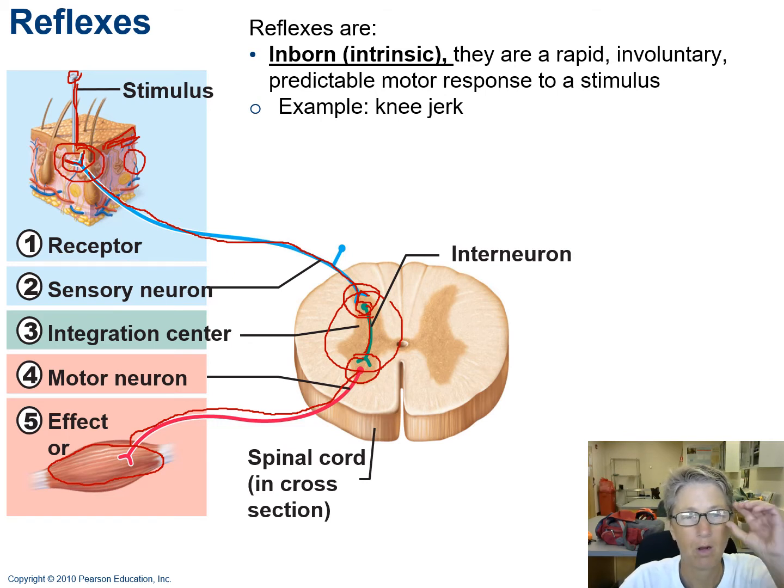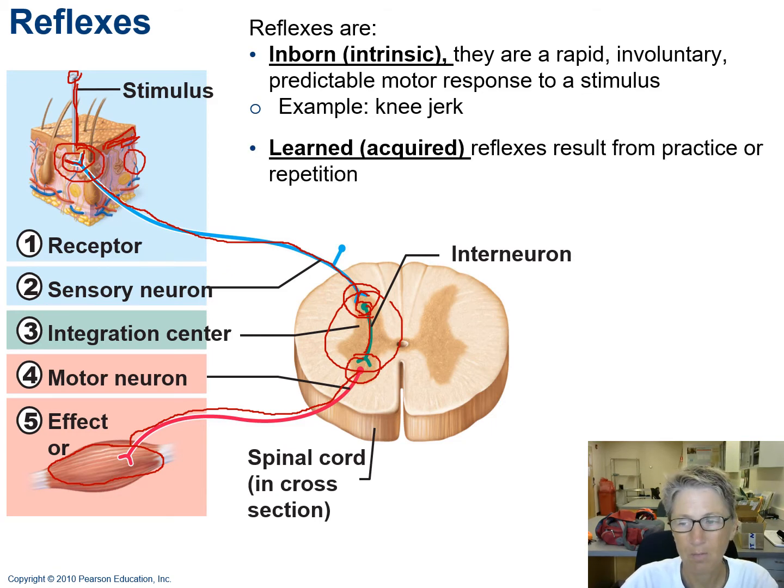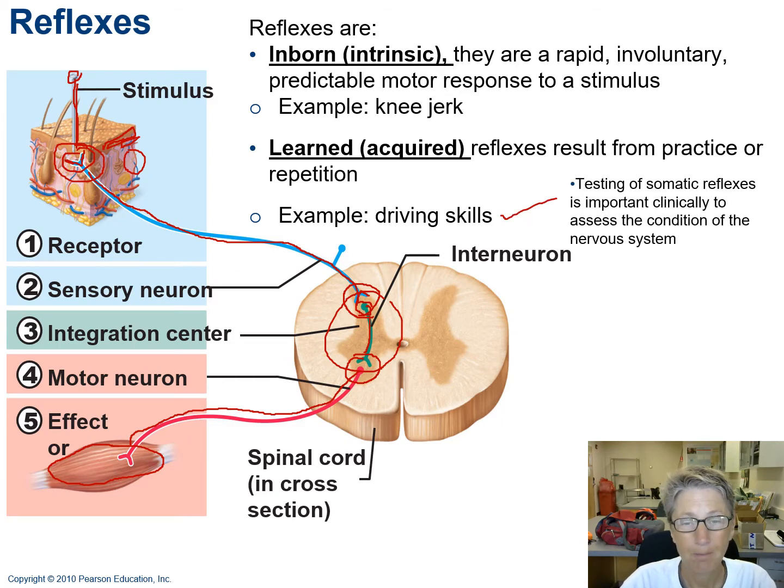You've probably all been to the doctor, and one way to check a part of your nervous system is to do the knee-jerk reflex. Reflexes can also be learned or acquired, and you get those reflexes from practice or repetition. For example, playing tennis or golf or being quarterback on the football team is reflex activity, but it's a learned reflex activity. And a good example here is driving a car.